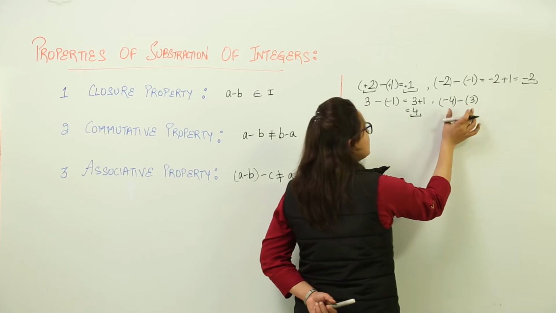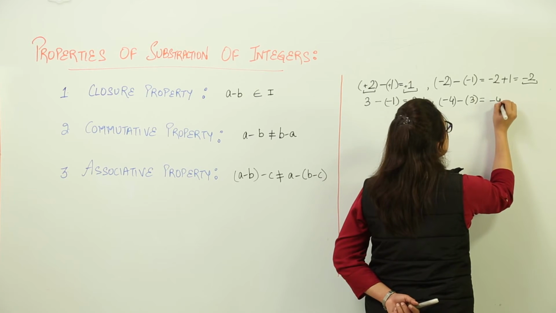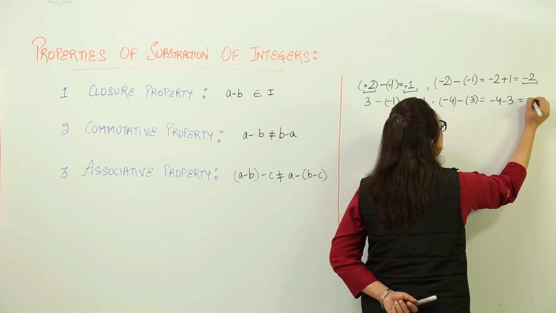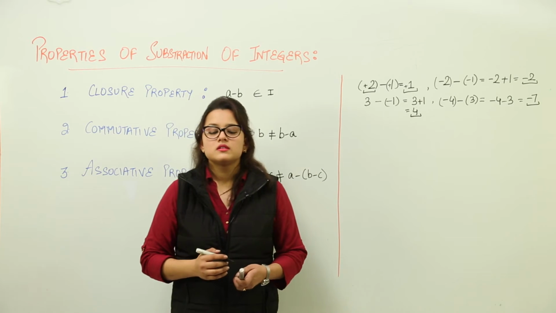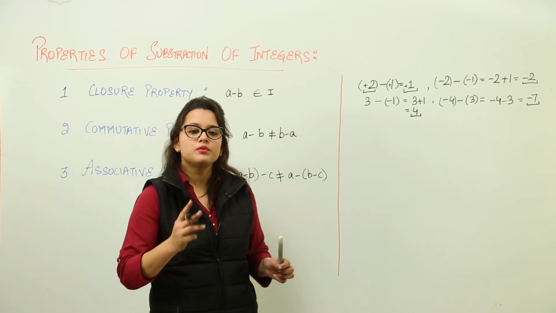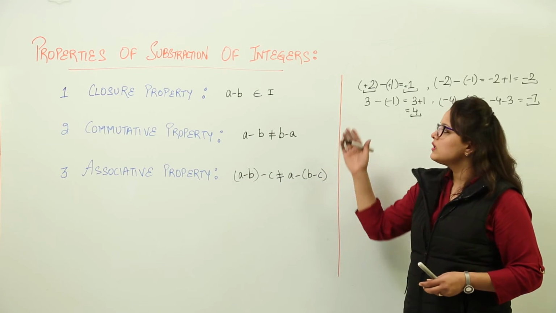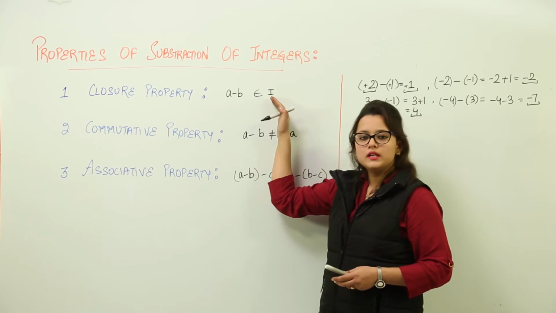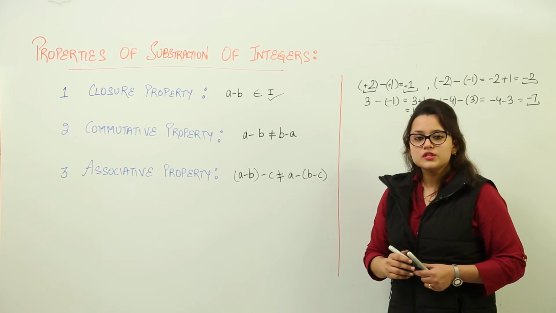That means you are subtracting a positive integer from a negative integer. You would get minus 4 minus 3 equal to minus 7. Again, the result is a value of the integer set. So that means subtraction of any two integers is going to lie in the integer set only. Done.